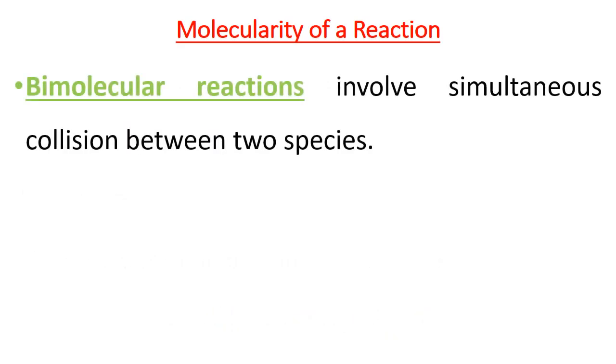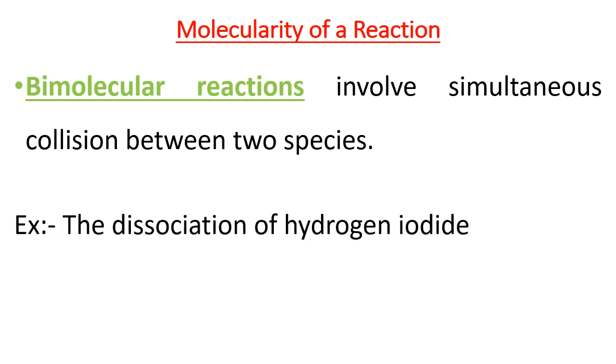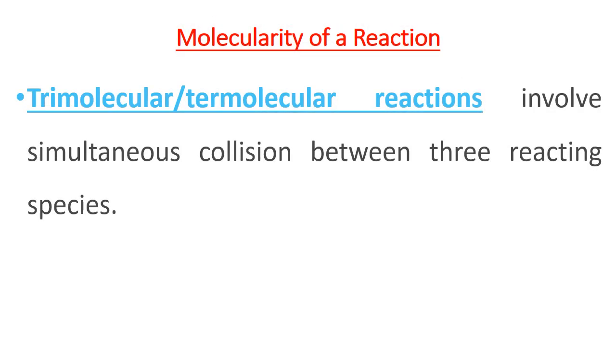Bimolecular reactions involve simultaneous collision between two species. Example is dissociation of hydrogen iodide, which involves a reaction between two hydrogen iodide molecules to give H2 plus I2. Since this involves two reactant molecules, it is an example of bimolecular reaction.